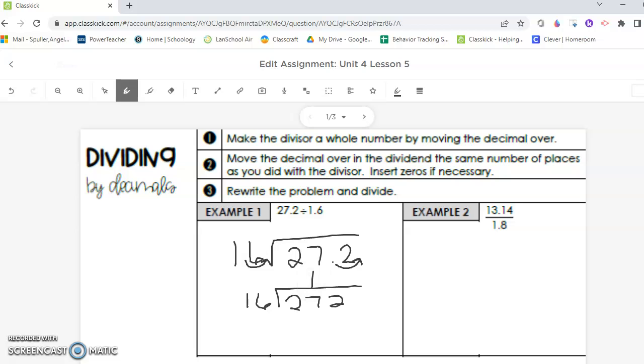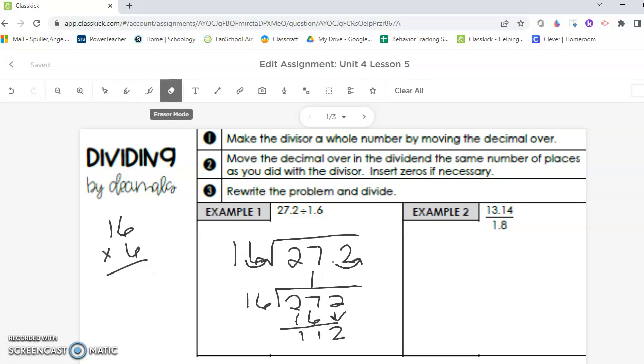Well, it can go in there one time, that's 16. It gives me 112 left over. 16 times 6? 6 times 6 is 36. Give me the 3. That gives me 96. Not big enough.